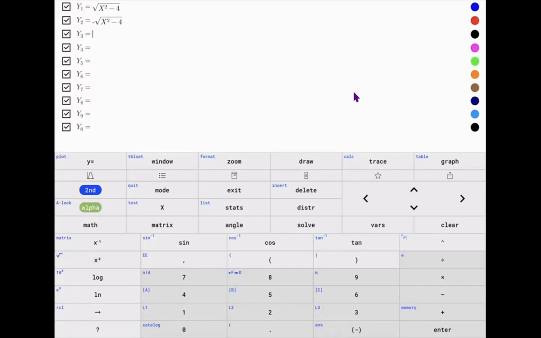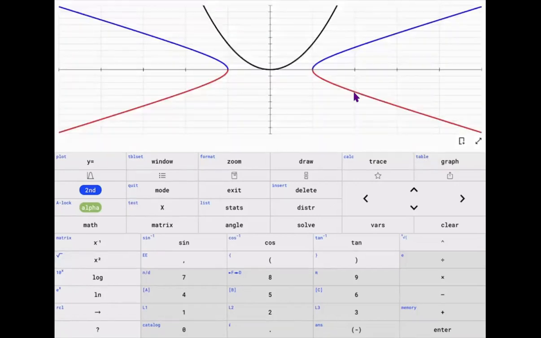This one is easy. So just x squared. Now let's graph it to see what we see. Well, that's what we see. And you have an idea of how the solution is going to look, correct?